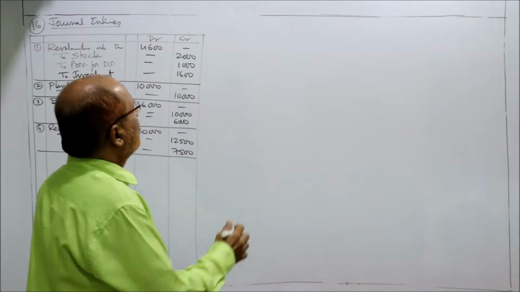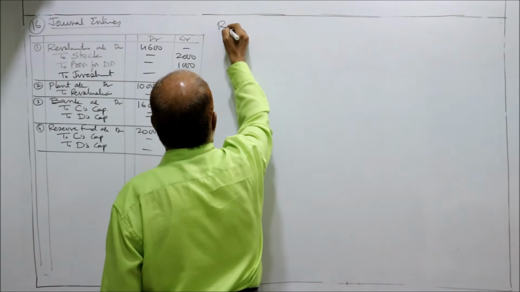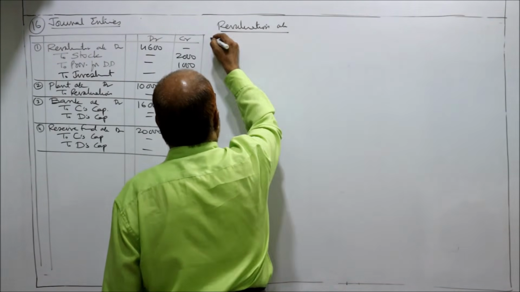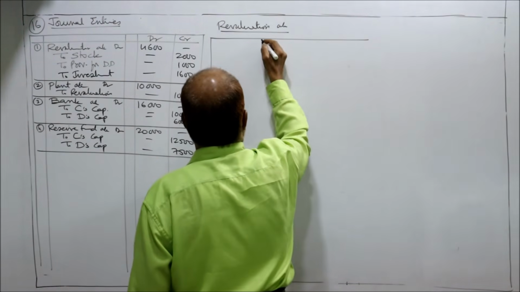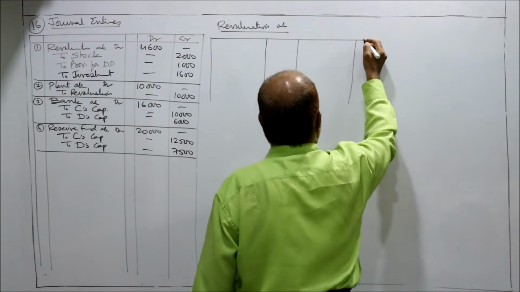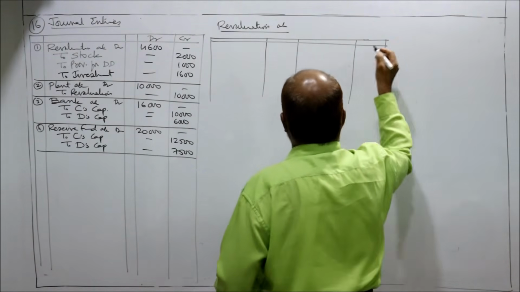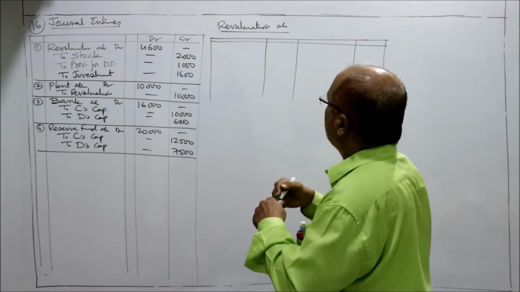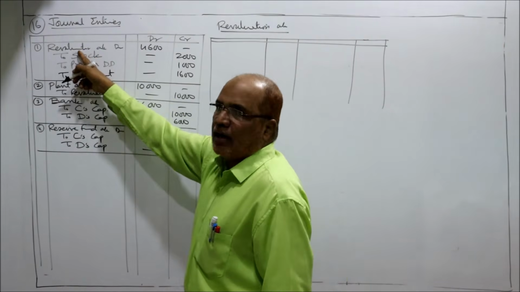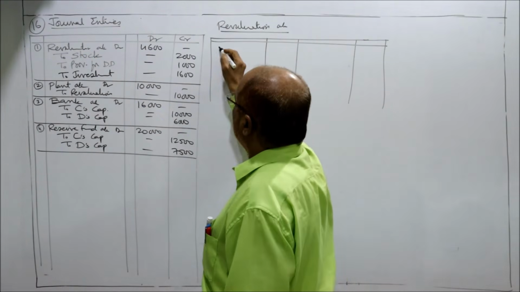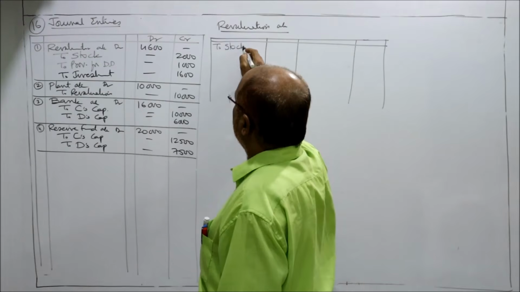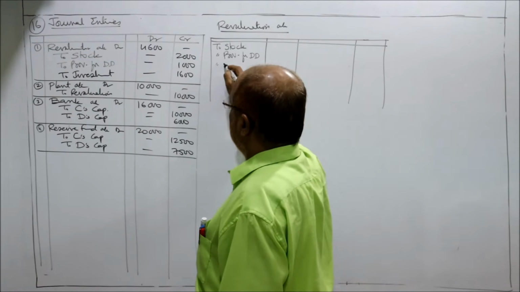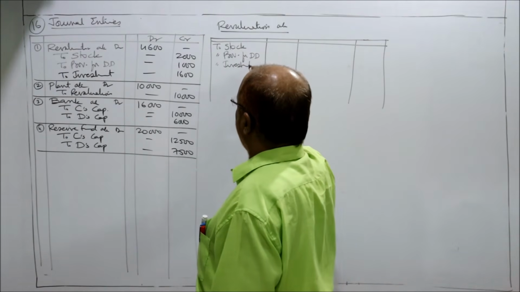Now we have to find out the profit or loss on revaluation. We'll make a revaluation account to find out the profit or loss. Revaluation account debit. On the debit side: to stock, to provision for doubtful debts, to investments.